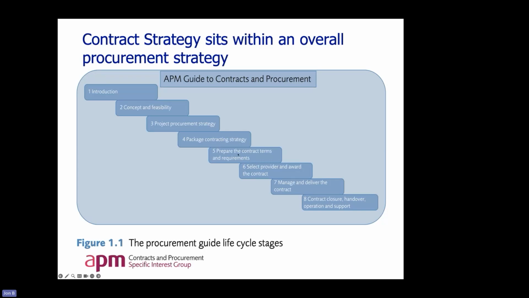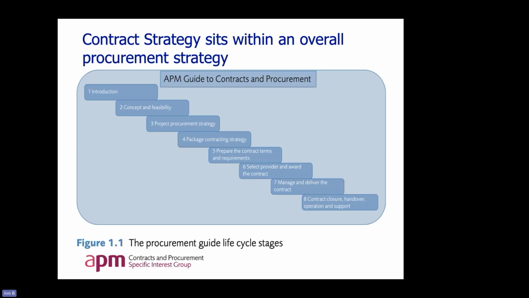That then affects these things downstream. The most obvious one is, if we've decided on a design and build spec contract, we're not going to have a team of designers designing it directly. That would be the wrong way to draft, in NEC speak, the scope document. But it also affects how we select, provide and award the contract.